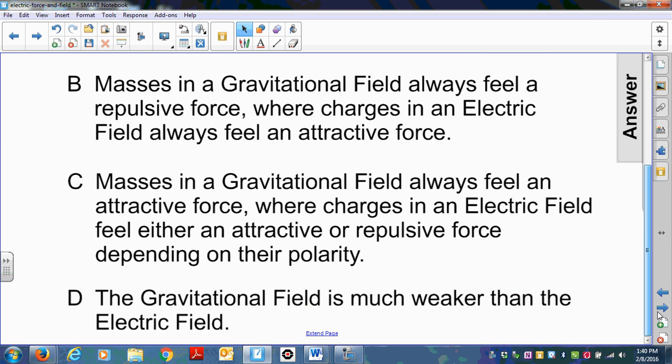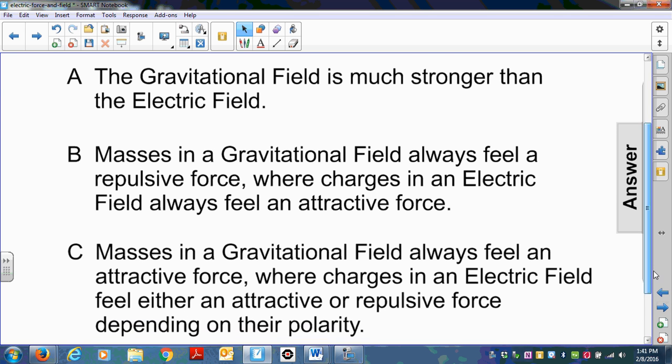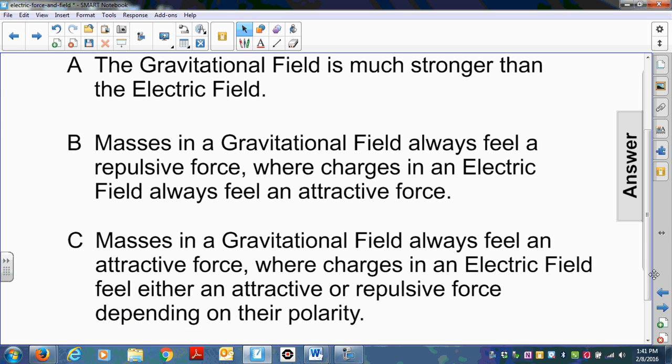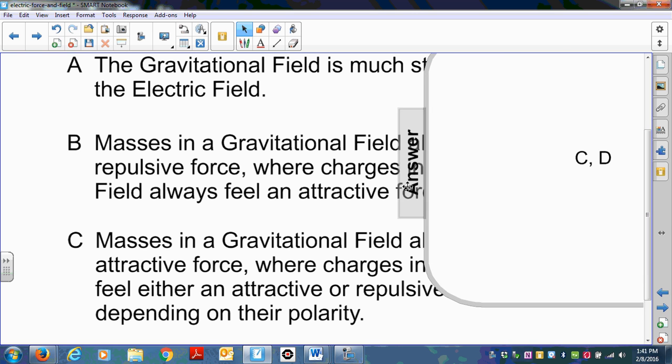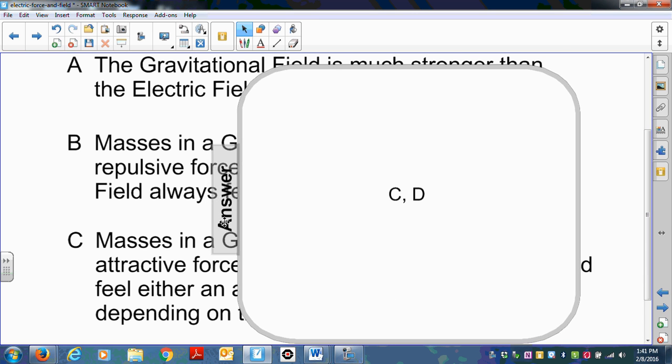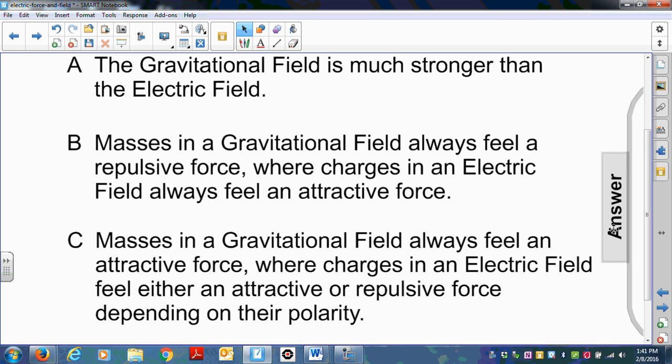C, masses in a gravitational field always feel an attractive force, where charges in an electric field feel either an attractive or repulsive force, depending on their polarity. And D, the gravitational field is much weaker than the electric field. Go ahead and pause the video if you need to and select the correct answers. Remember, you need two. Okay, so let's see if you chose the two correct answers. You should have chosen C and D.